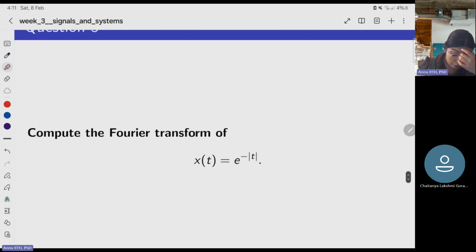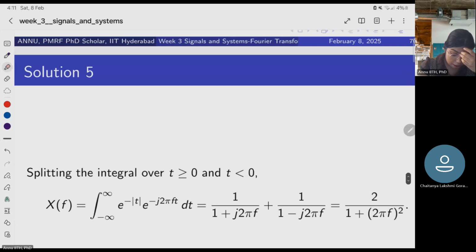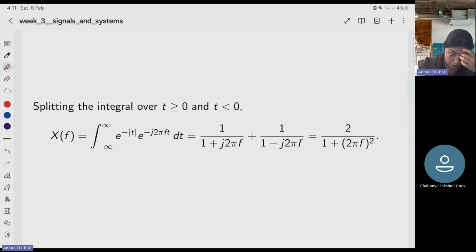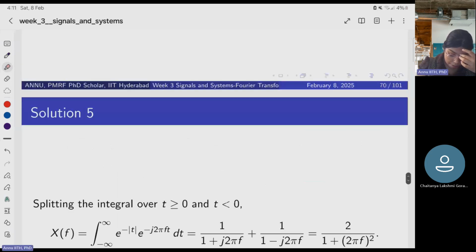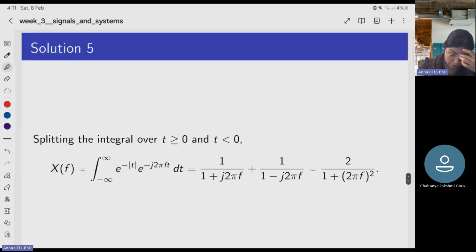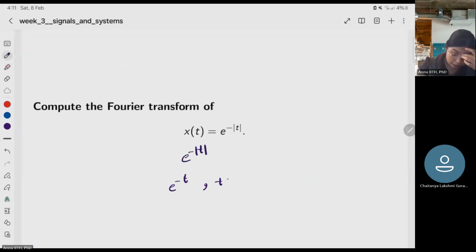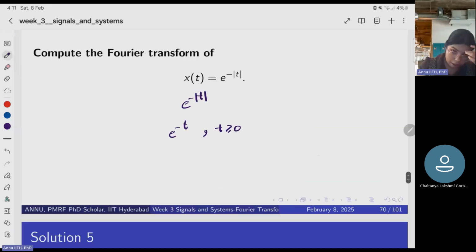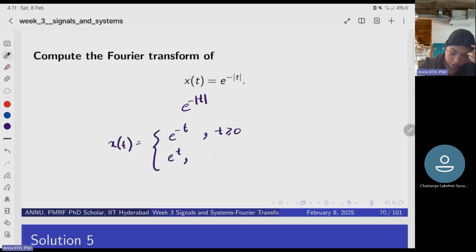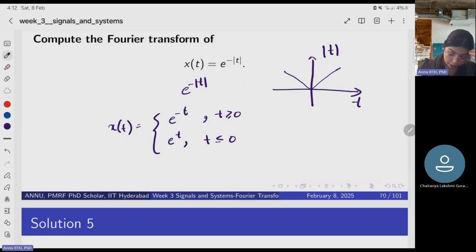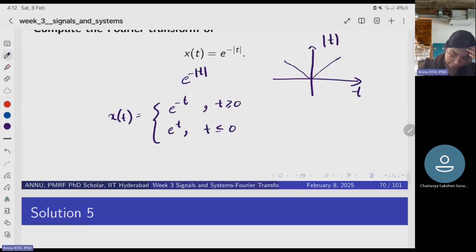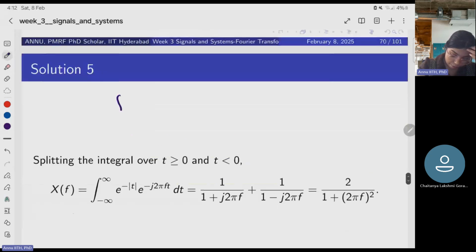So e power minus mod t stays that e power minus t if t is greater than or equal to 0, and e power plus t if t is less than or equal to 0. Like the mod function, you know, no? So simply using the formula, integral from minus infinity to infinity of x(t) e power minus j 2 pi f t dt. This is X(f).